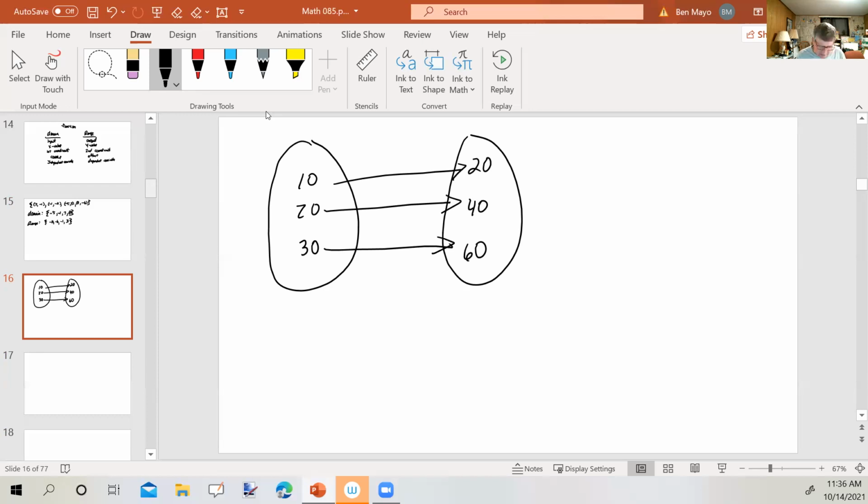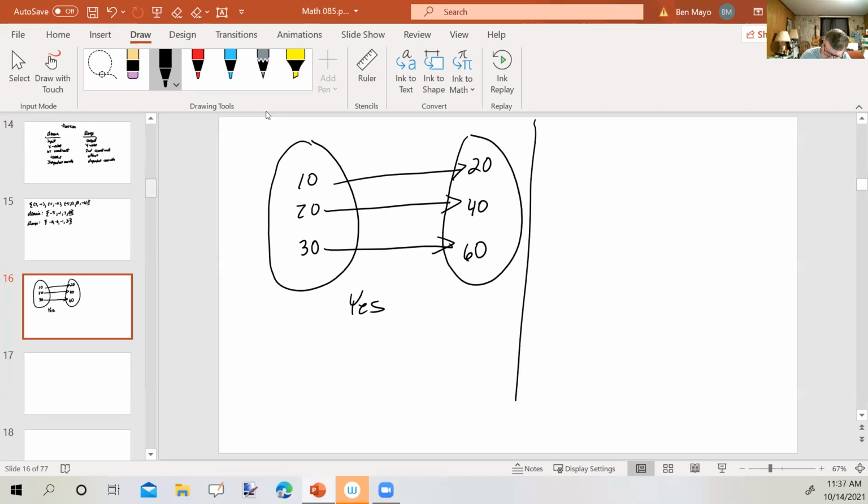In situations like this, the thing on the left is considered the input or the domain, and the thing on the right is considered the output or the range. It says, determine whether this defines Y as a function of X. If it does not, find two ordered pairs where more than one Y value corresponds to a single value of X. So this is, yes, this is a function. Each input goes to exactly one output.